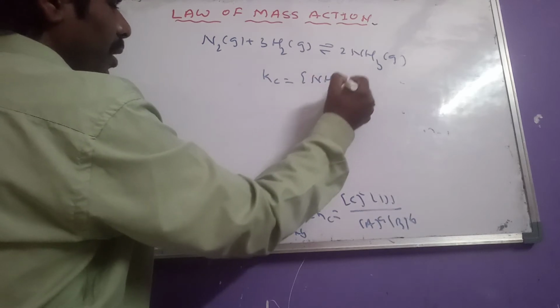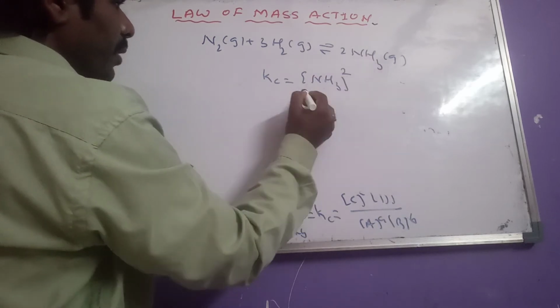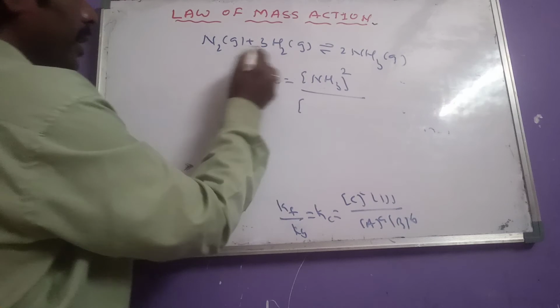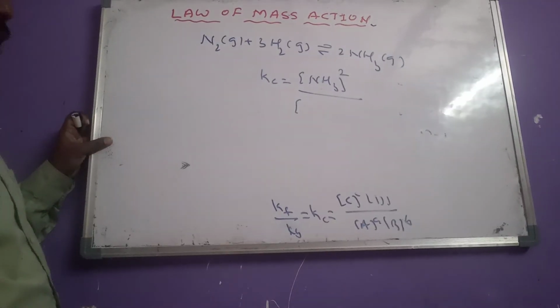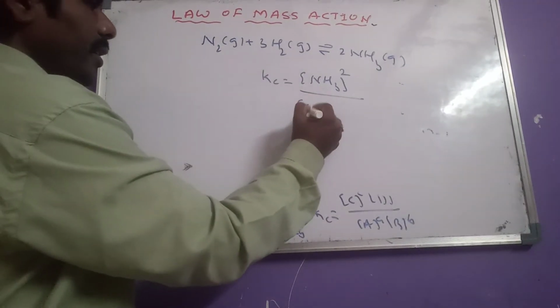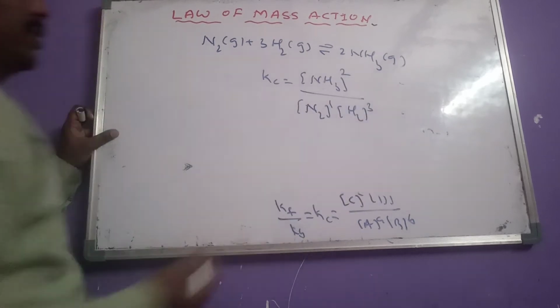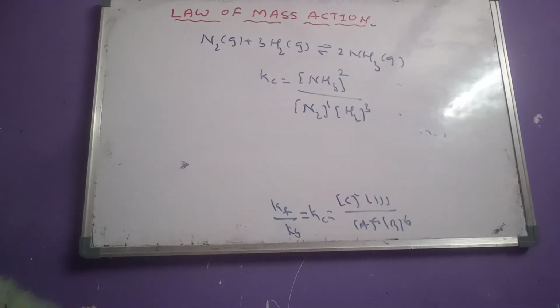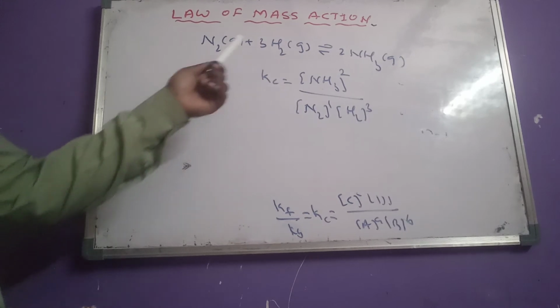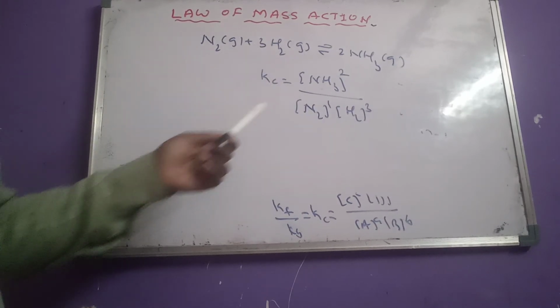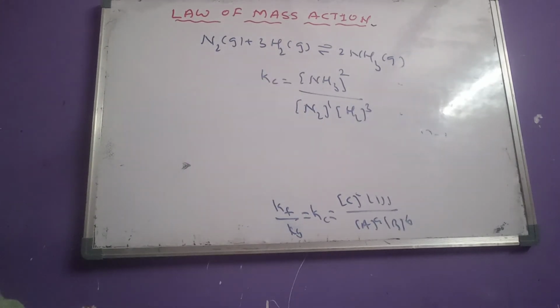The active mass of the product, NH3 to the power 2, divided by the product of the active masses of the reactants, N2 to the power 1 into H2 to the power 3. This is the Kc expression for N2 plus 3H2 giving 2NH3.